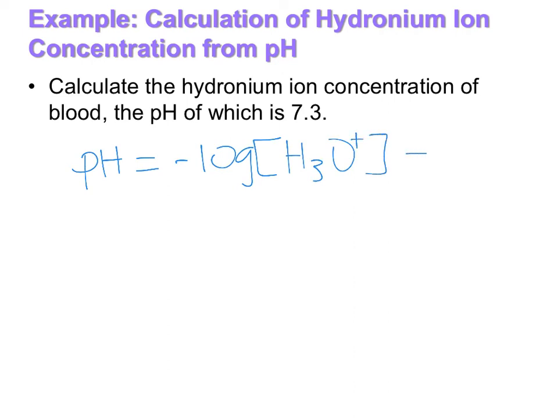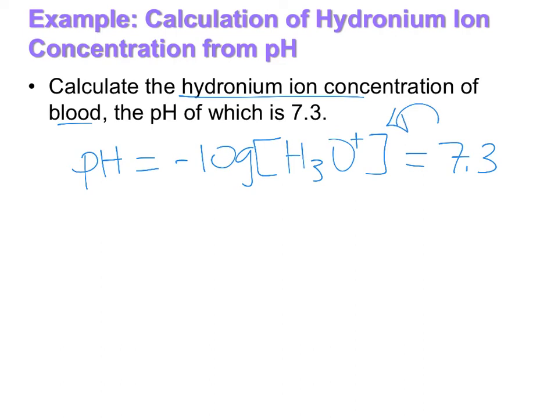So if we are given the pH, in this case 7.3, calculate the hydronium ion concentration of blood. How are we going to go backwards to find this hydronium concentration?